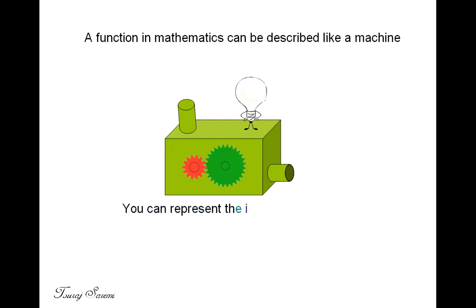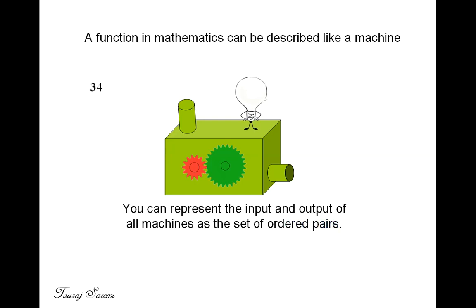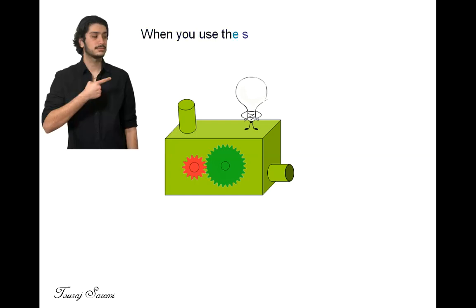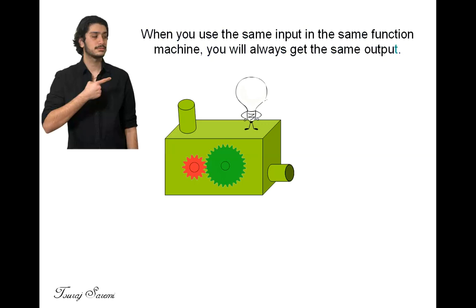You can represent the input and output of all machines as the set of ordered pairs. When you use the same input in the same function machine, you will always get the same output.